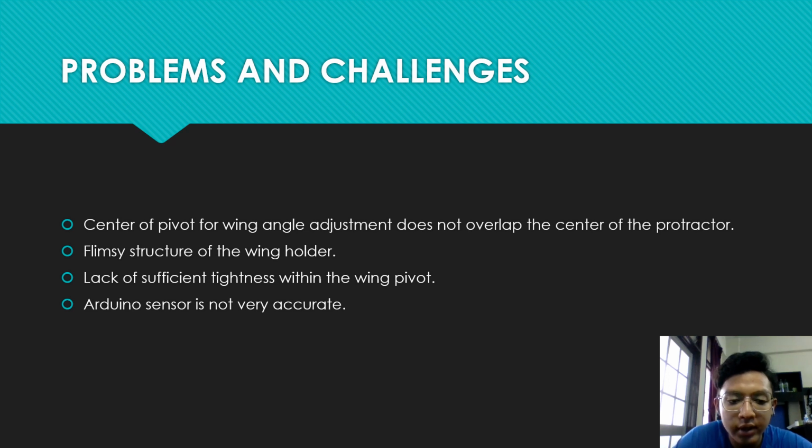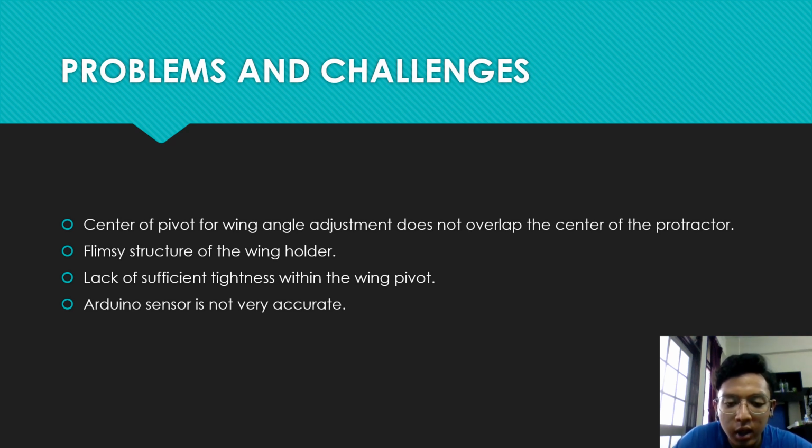In order to solve this, the tightness of the wing holder should be adjusted to an ideal tightness. But obviously this cannot be done from the structure, which is also a setback for our structure. Moving on to the last problem and challenge that we faced, the Arduino sensor that was used in this experiment is not that accurate.